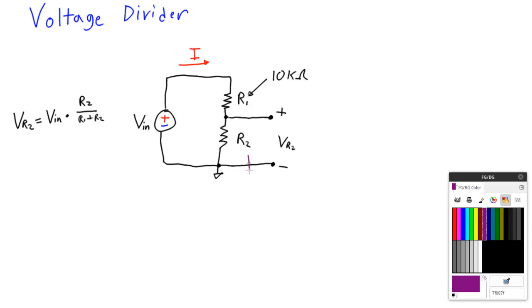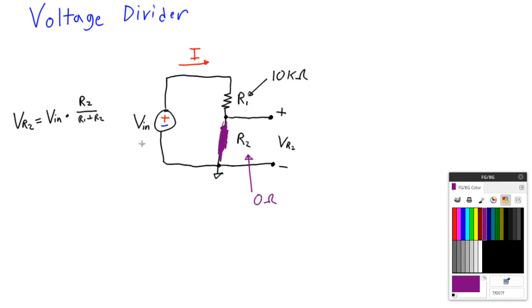In this first one, let's look at the case where R2 is 0 ohms. So that means that really this is just like a wire that's connected here. And some of you might be able to already intuit what this voltage would become, but if we couldn't, let's see if we can explain it with this equation.